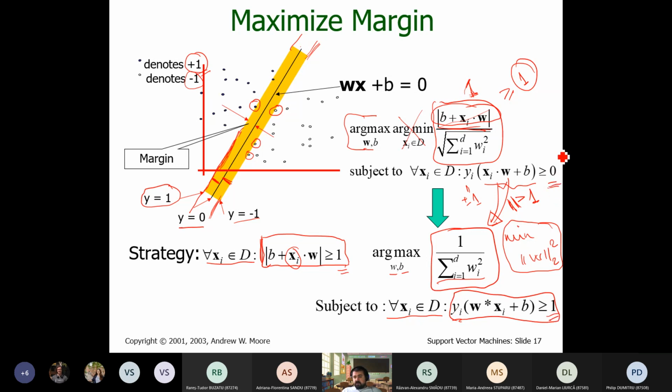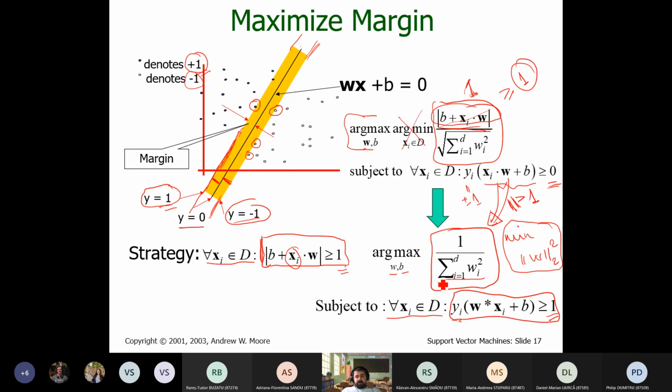Instead of having 0 as before, with this modification we consider that all the points on the right of the margin should have a value of at least -1, and all the points on the left of the margin should have a distance of at least 1.